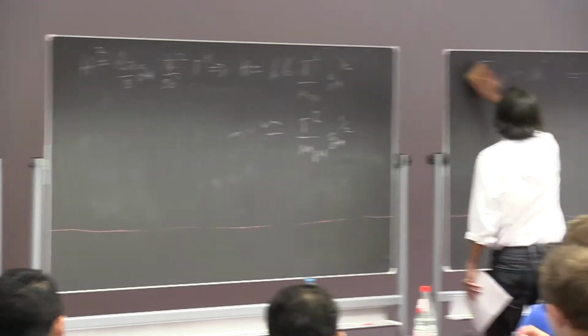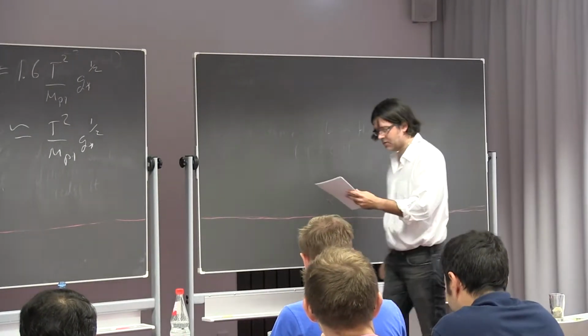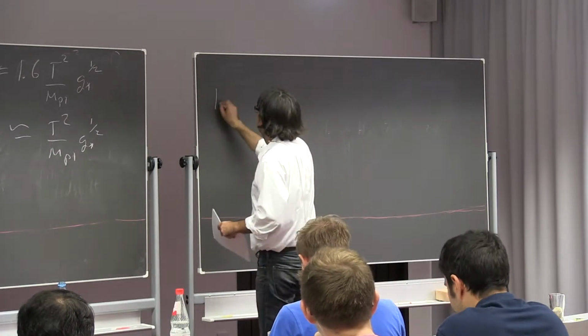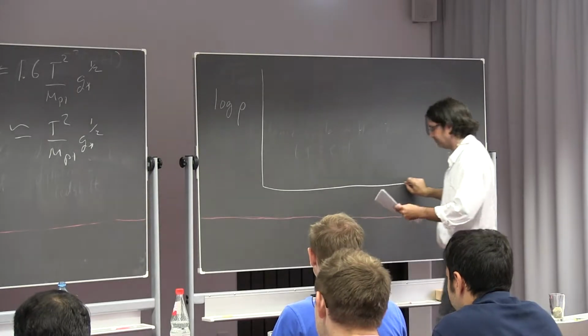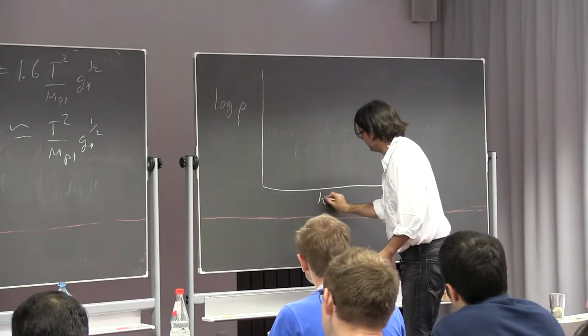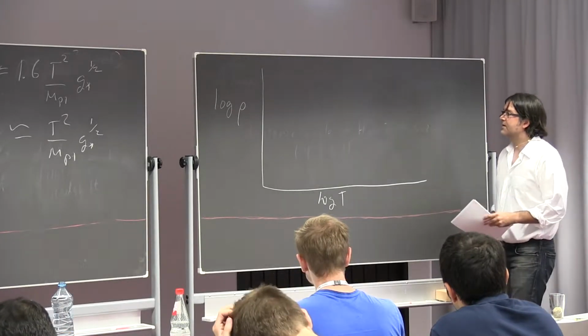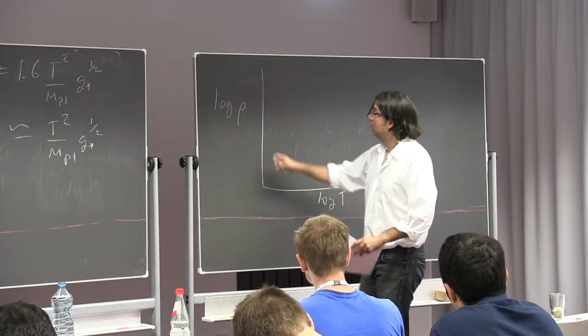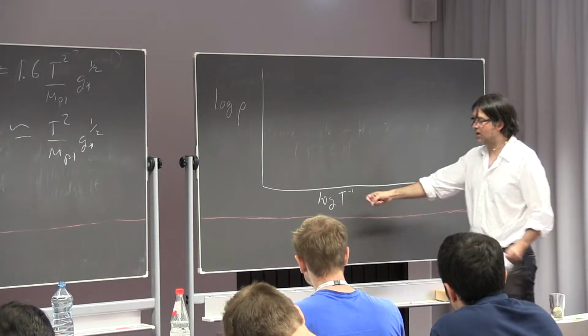So the history of the universe, then, and this I know you saw, looks like this. So here is log of the energy density of some species in question, and here is log of inverse temperature.